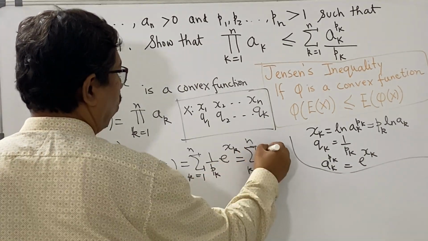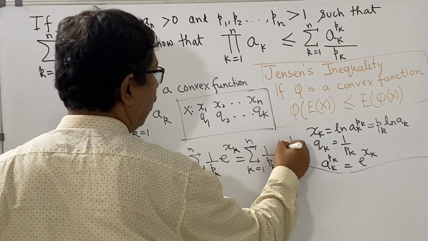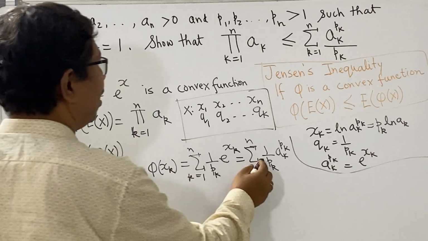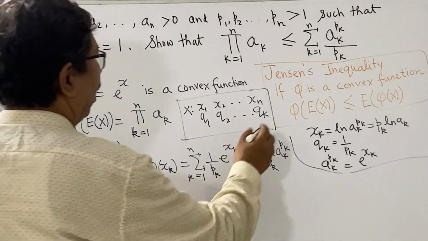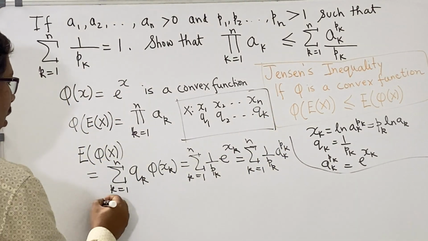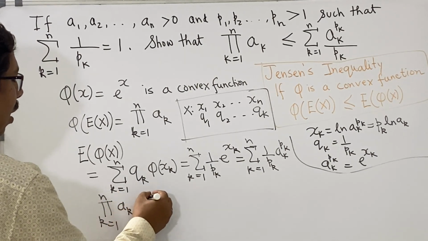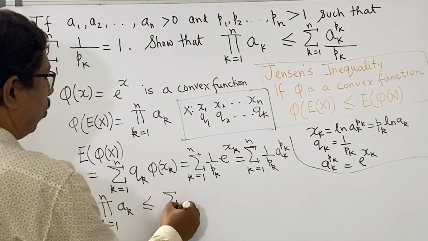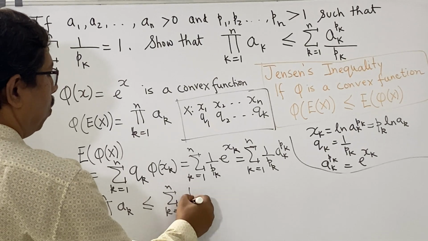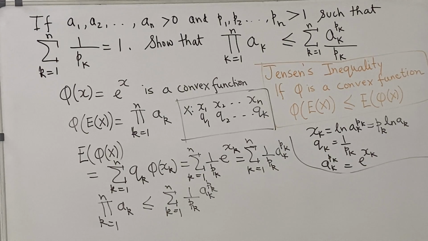So, this gives us 1 by pk into ak to the power pk, and we note that this is exactly the same as the right hand side of the inequality that we have to prove. Therefore, by Jensen's inequality, the product of the ak's is less than or equal to the summation of k equal to 1 to n of 1 by pk into ak to the power pk. So that proves our claim.